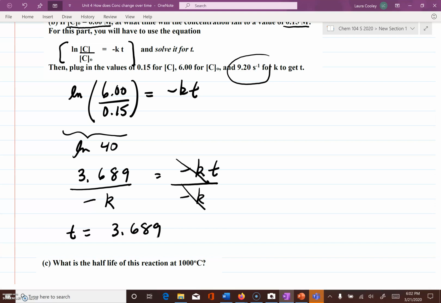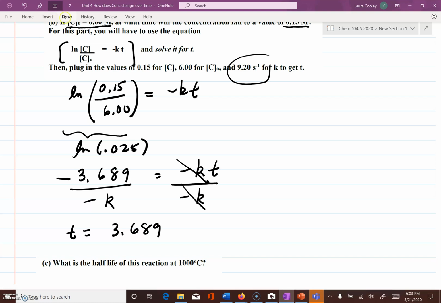Oh yeah, I reversed these numbers. So this comes out to the log of 1/40th instead, a log of 0.025, which is negative 3.689.